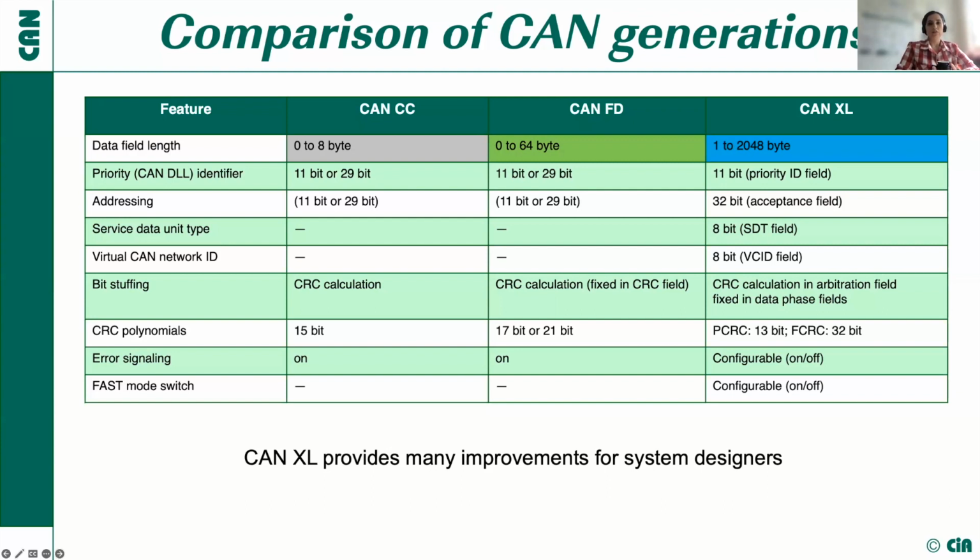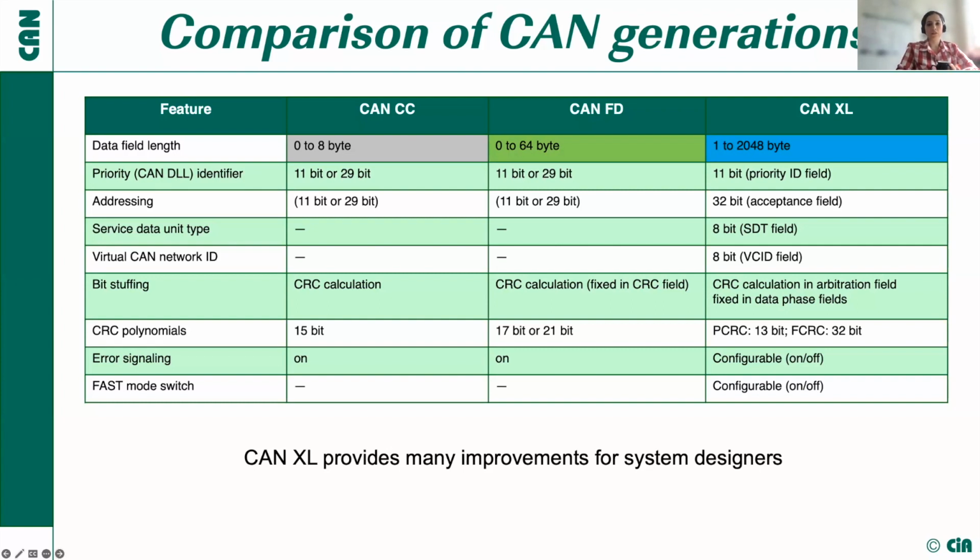And the new fields only for CAN XL are the 8-bit STT and 8-bit VCID field. The STT indicates the use of the next OSI layer protocol, and the VCID field allows you to run up to 256 logical networks on one single CAN XL physical network segment.